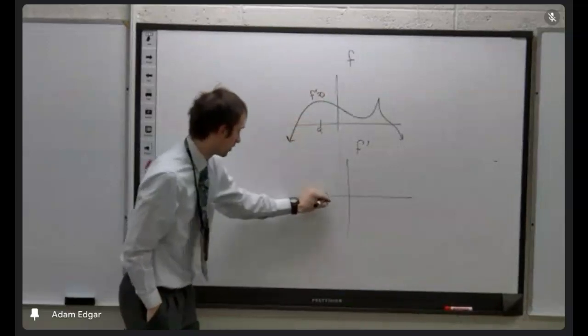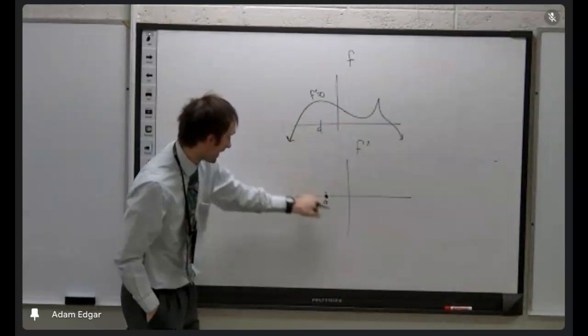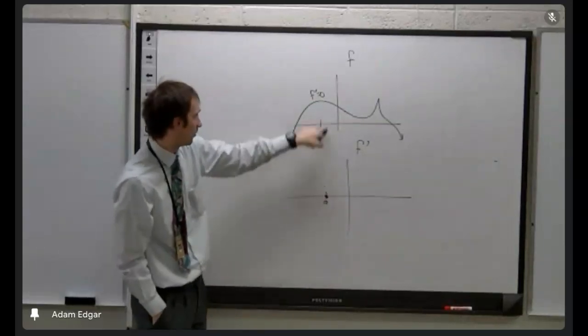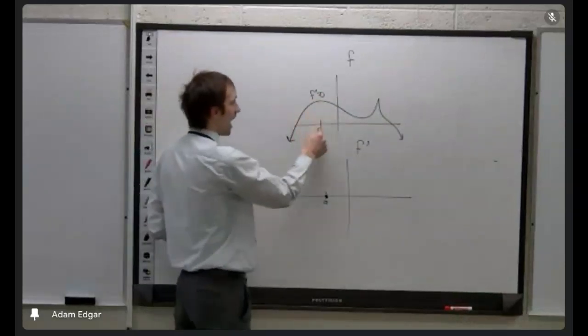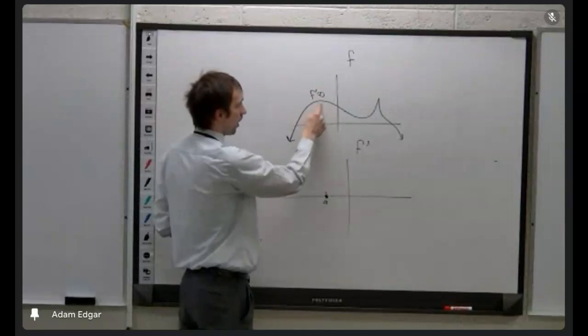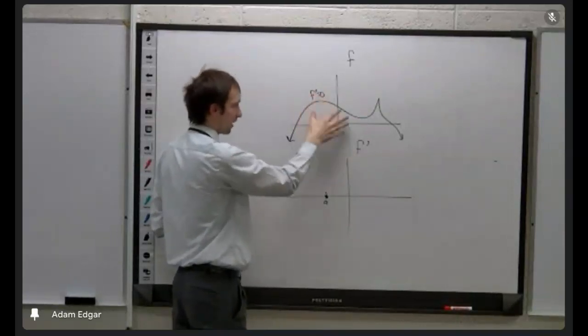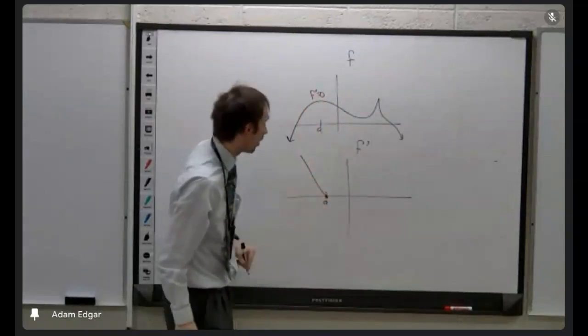So we start up above, and then we're going down to get to the x-intercept at A, where we have a maximum on F. Then, after A, what are we? Negative, because this is decreasing, so this is going to be a negative slope, so we're down here somewhere. So we're starting above, and then we're below, and then where's our next special point?